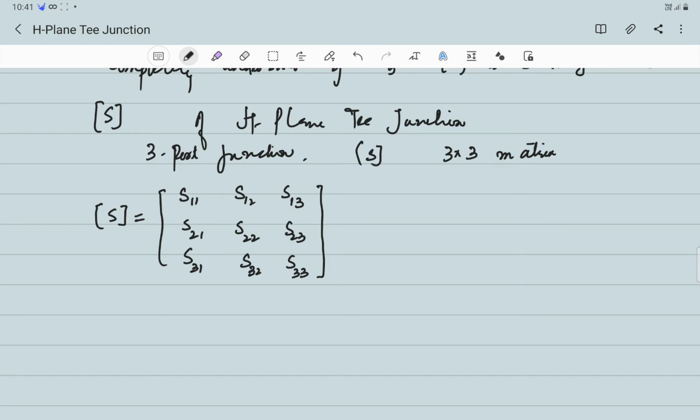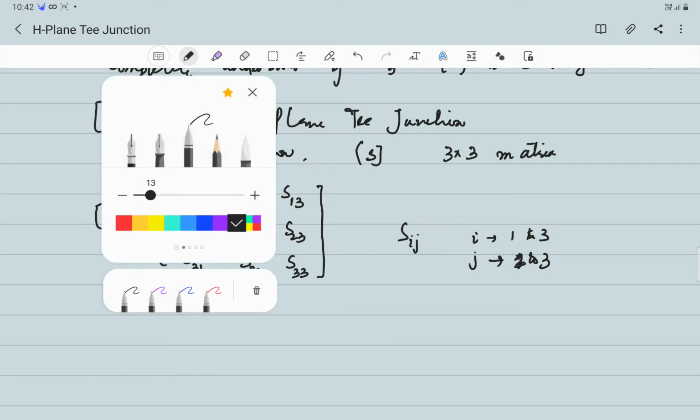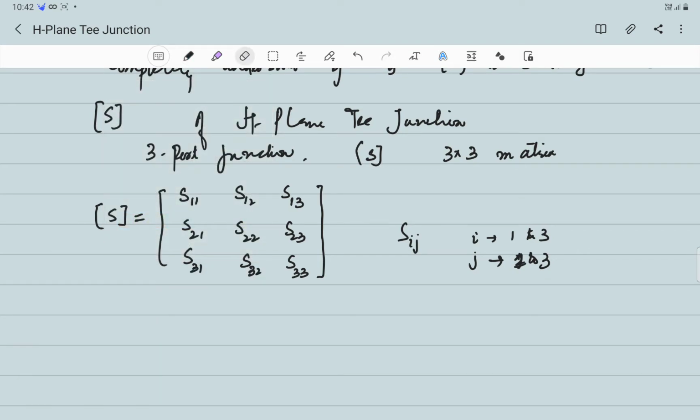So in general, any element of this matrix Sij means that i can vary from 1 to 3, and j again can vary from 1 to 3. Both of these variables vary from 1 to 3.